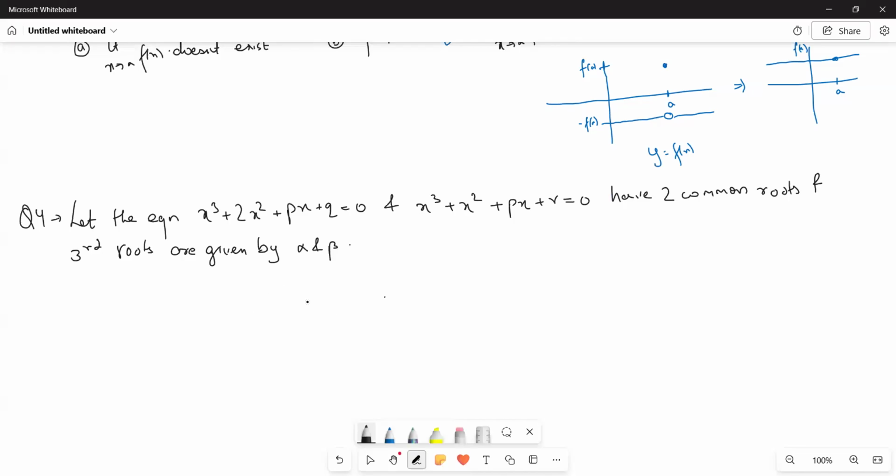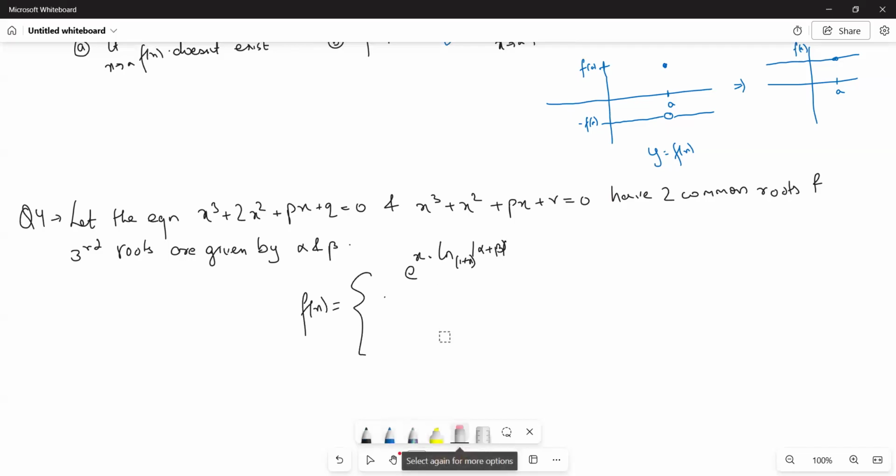Now, we have a function f(x) which is defined as e to the power x into log of mod of alpha plus beta to the base 1 plus x.